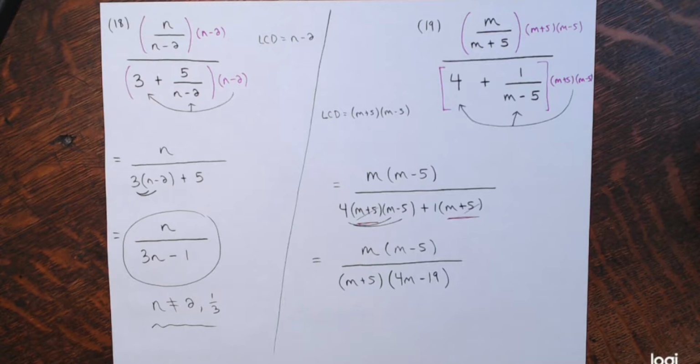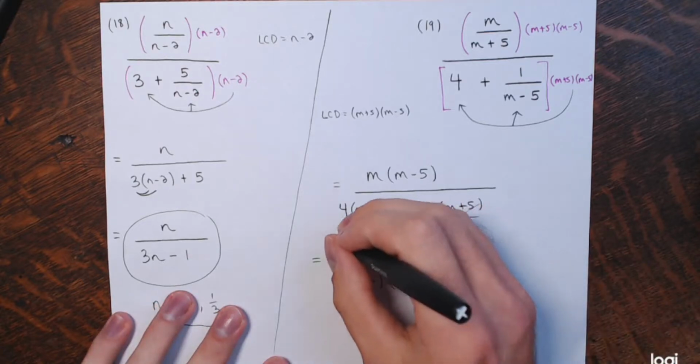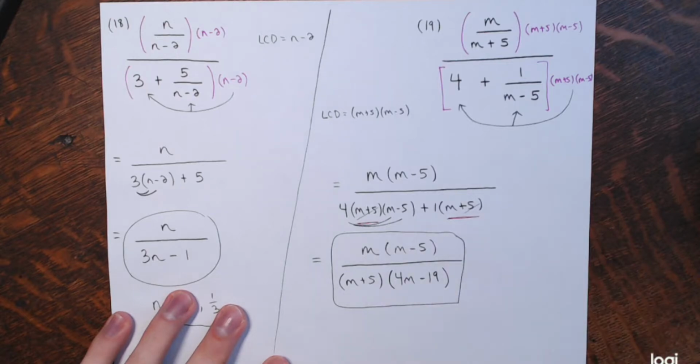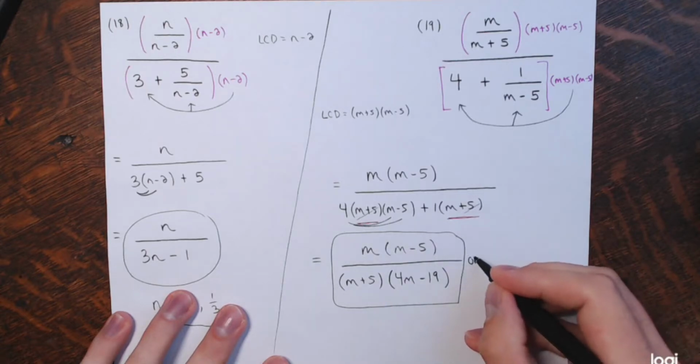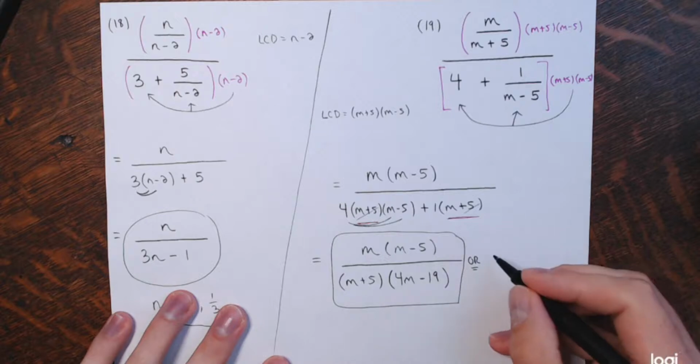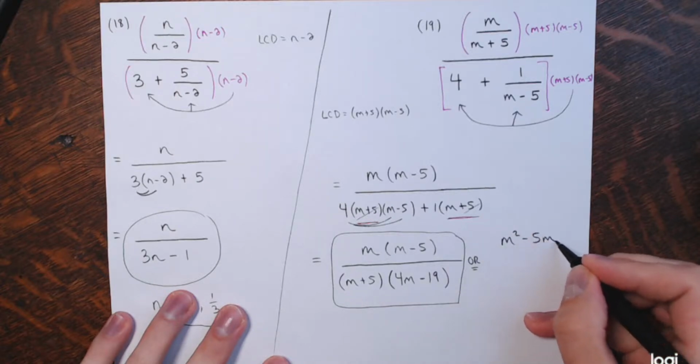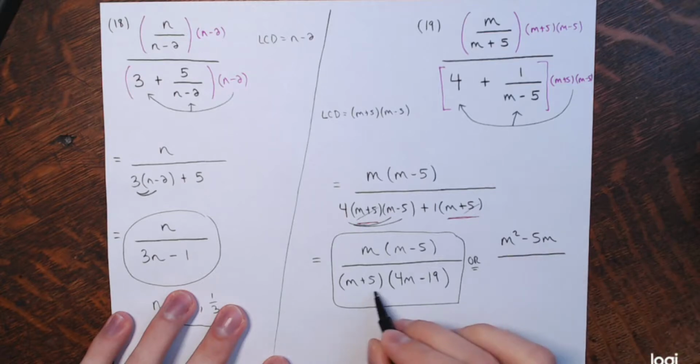And then looking at these two, the numerator's completely factored, the denominator's completely factored. I am not seeing any common factors. So this is as simple as that fraction gets. Now you could also multiply out the numerator, make it m squared minus 5m, and then multiply out the denominator.